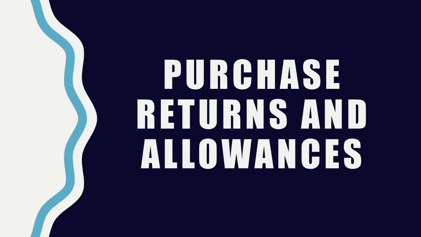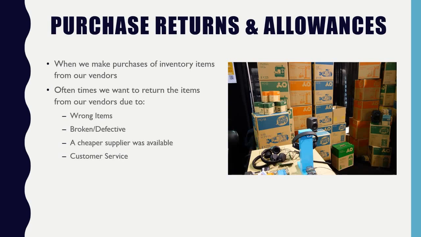Because oftentimes when we purchase items from a vendor, there are many reasons why we would choose to return an item. Damages can happen along the way. You might get shipments and the items might break in those shipments. They could accidentally ship you the wrong item.